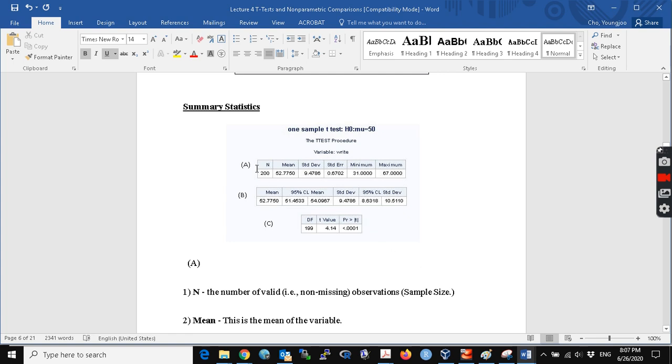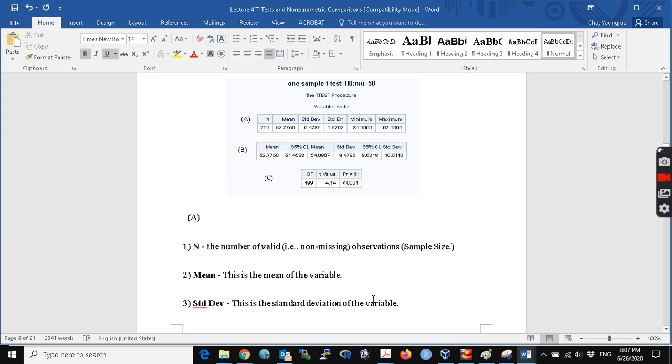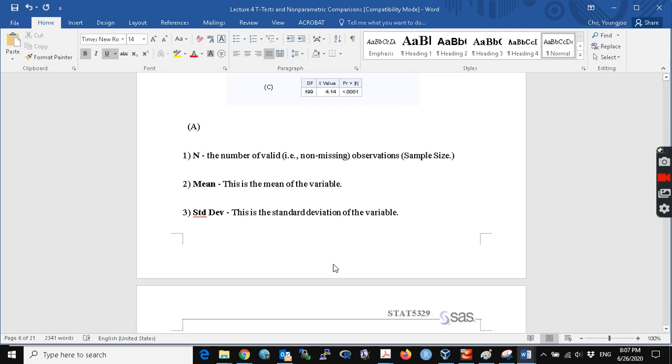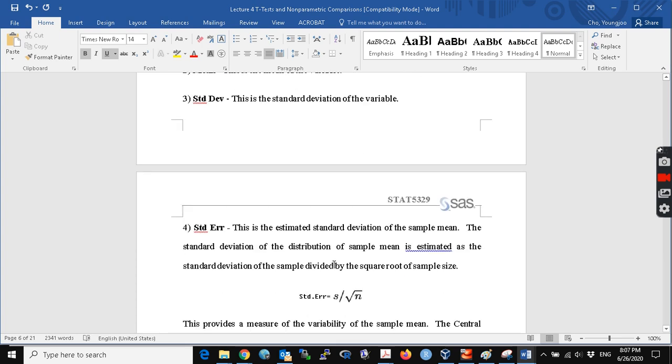So we have three parts here. N is the number of non-missing observations, which is the sample size. Mean is the mean of the variable. So we know that the mean of write is 52.775. Standard deviation is the standard deviation of the variable. And the standard error is the estimated standard deviation of the sample mean.